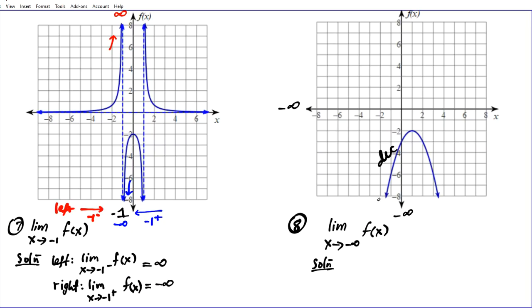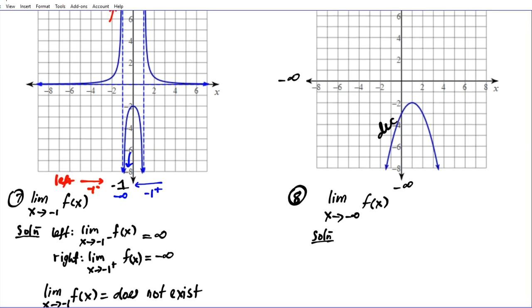Since the function is decreasing in the direction of negative infinity, that means that the limit is going to be negative infinity. So the limit as x approaches negative infinity of the function, we're looking at the end behavior. Since it's pointing downwards, towards the end it is going to be decreasing towards negative infinity, because it's decreasing forever. All right? So that's that for question number 8.